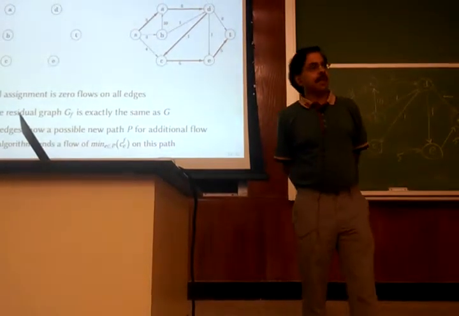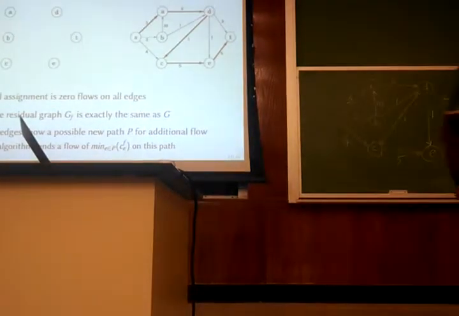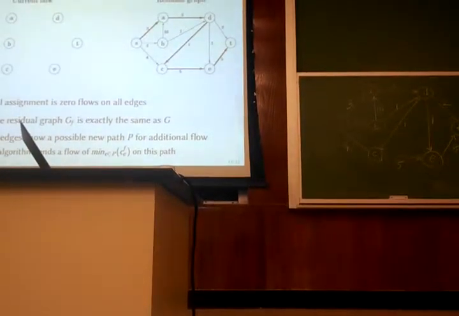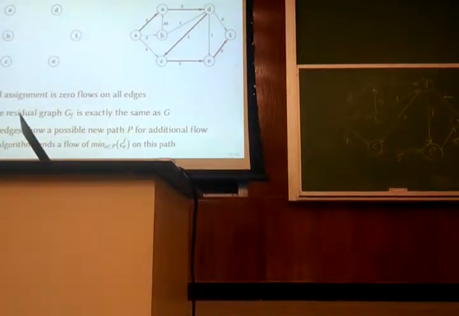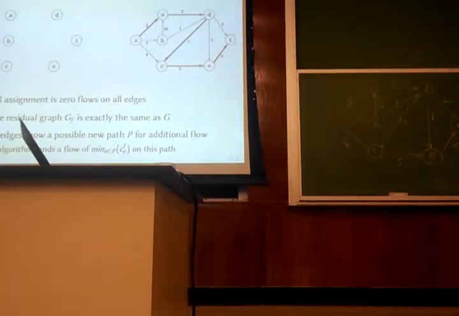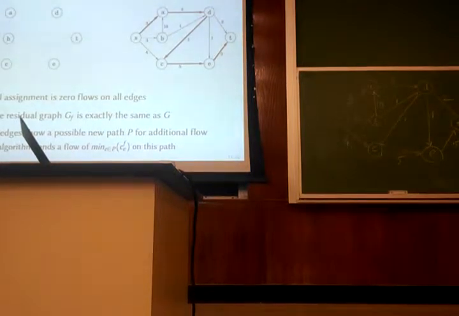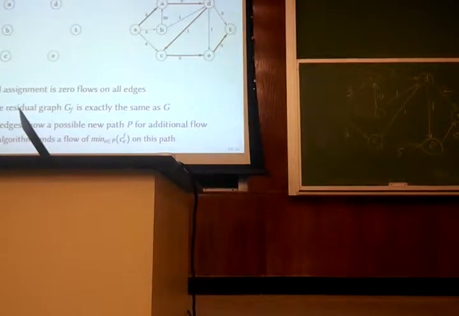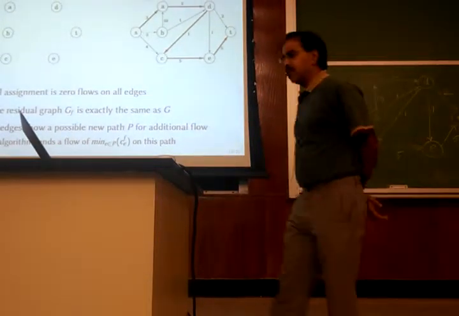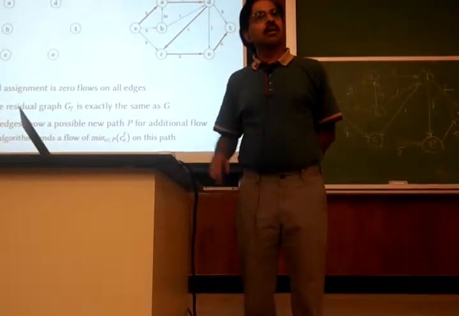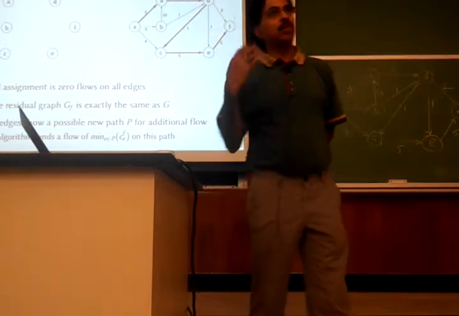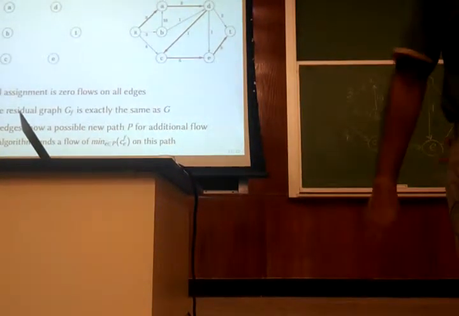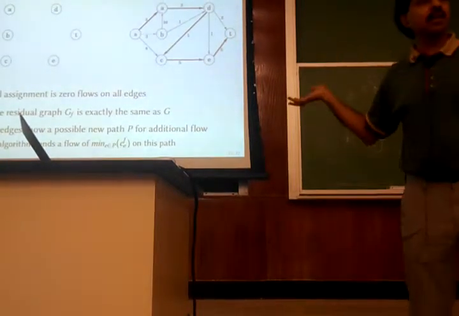So now, once you have the residual graph, what you do is find a path in the residual graph, and add a flow corresponding to that path. Once we have a basic idea of the linear programming formulation, and what simplex does, which is basically adding these paths, let's try to do that directly on the graph.